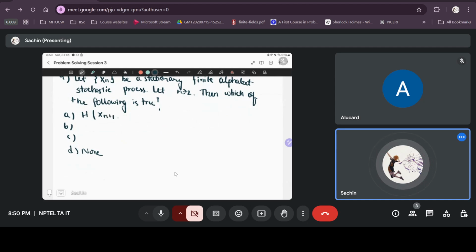H of xn plus 1 comma xn given x0 x1 is equal to H of x0 x1 given xn plus 1 comma xn.